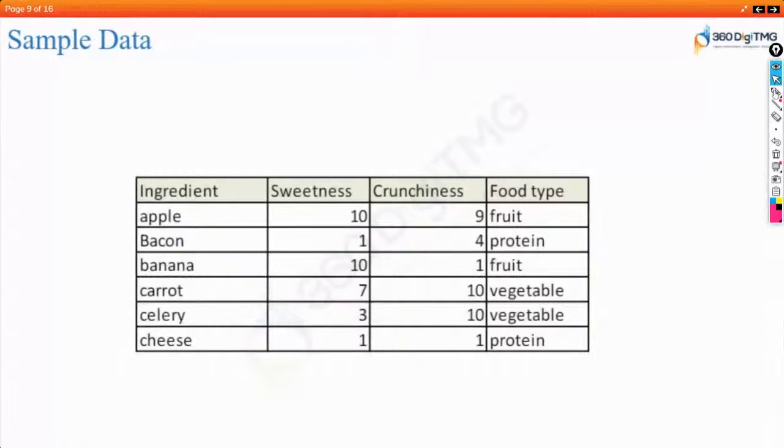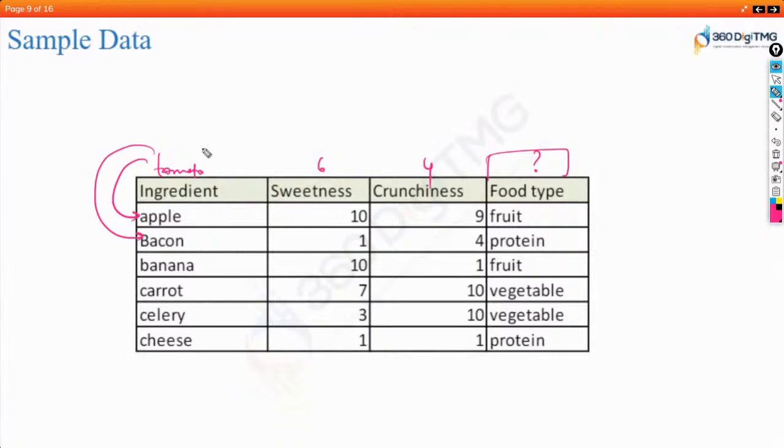So I'm saying tomato, 6 sweetness and 4 crunchiness. And we have to figure out what this particular data is. Now we have to measure the distances like this, with all the existing values.